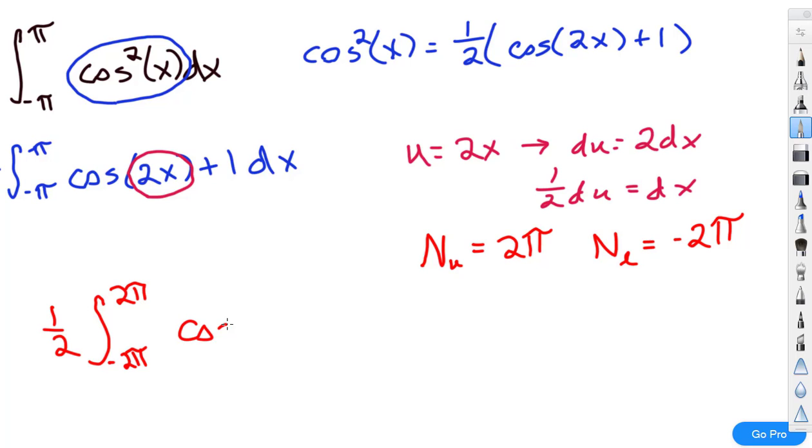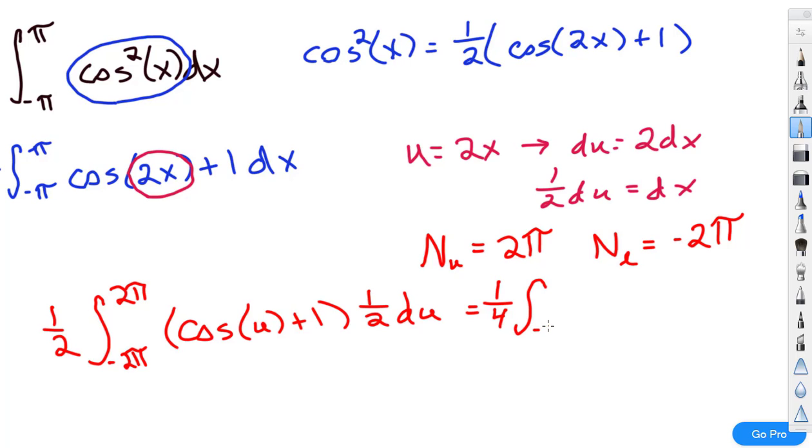So, we're going to have 1/2 the integral from negative 2 pi, that's my new lower bound, to positive 2 pi, that's my new upper bound, of cosine of u plus 1. And remember, instead of dx, I'm going to have 1/2 du. Which I can take that 1/2 and shove it out in front. So it's going to be 1/4 the integral from negative 2 pi to 2 pi of cosine of u plus 1 du.